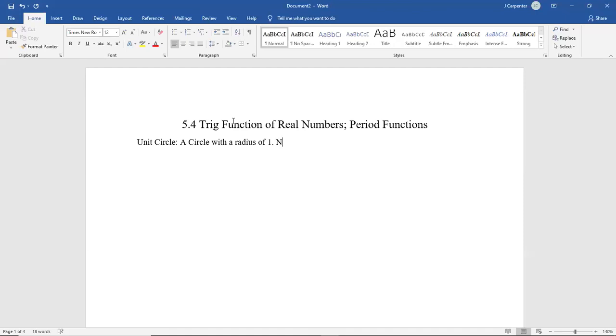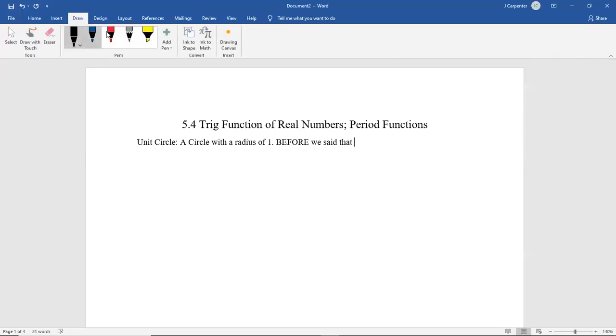So before we said, and I got to write these up, the cosine of theta went like the x value over the radius.